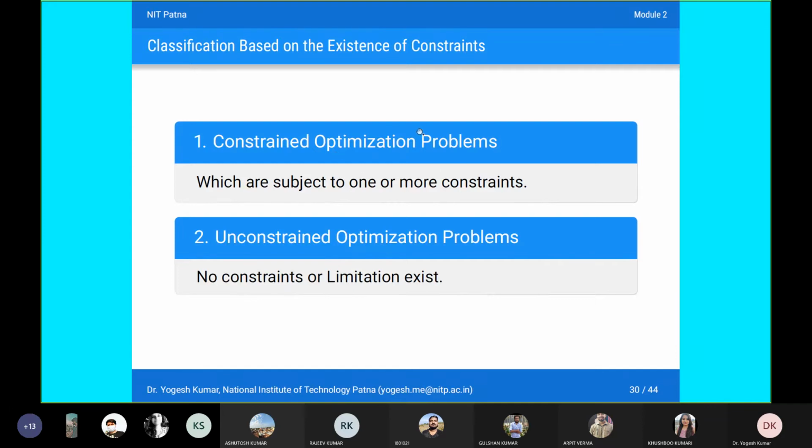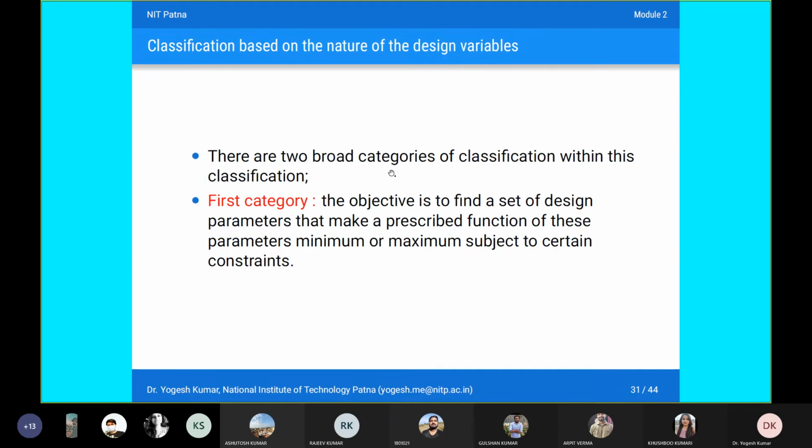I don't think any further elaboration is needed on this classification. Then we have the next type of classification, which is based on the nature of design variable. Based on the nature, what does it mean? So let us see the first set or the first category.